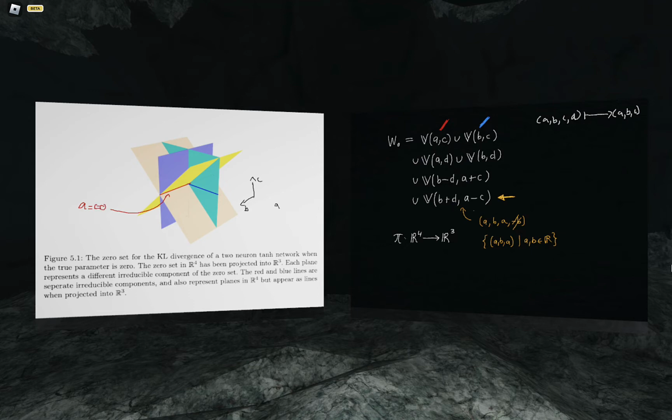Now, A equals D equals 0 gives us the purple stuff. B equals D equals 0 gives us, whatever that is, teal.